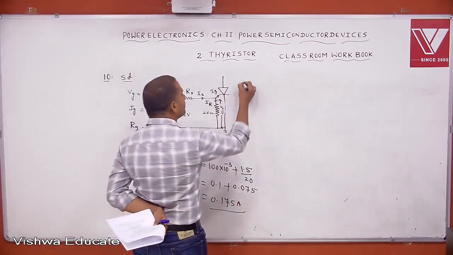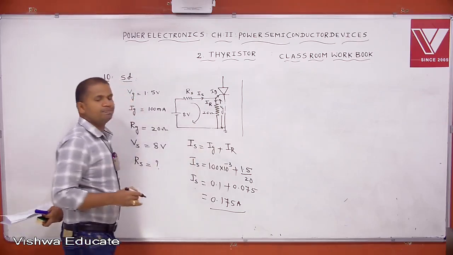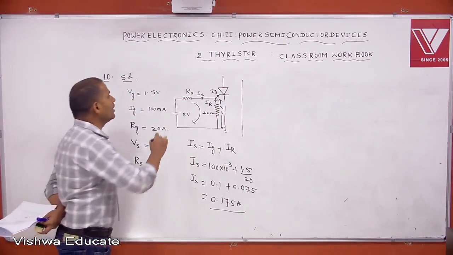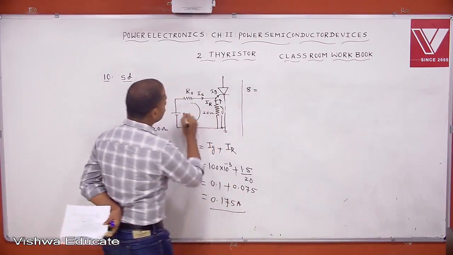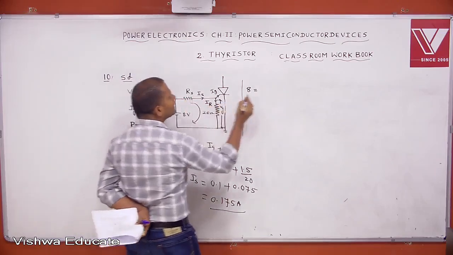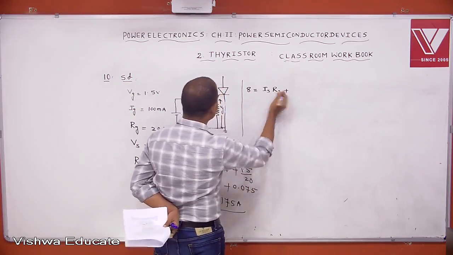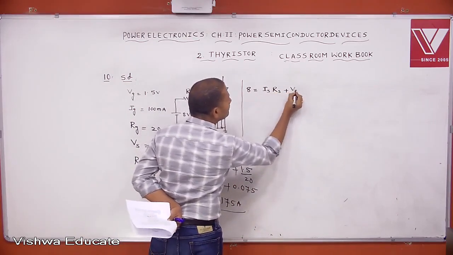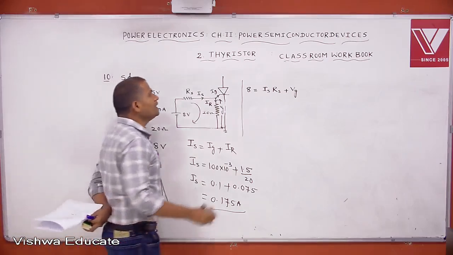Then apply KVL for this loop. 8 volts equals Is into Rs plus Vg. From this, Rs equals 8 minus Vg, divided by Is.